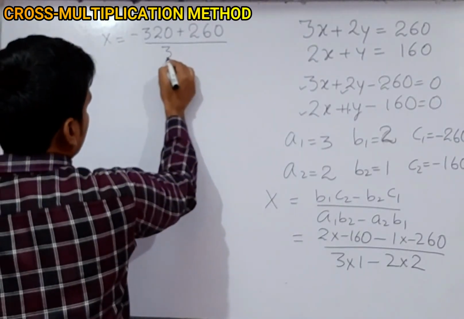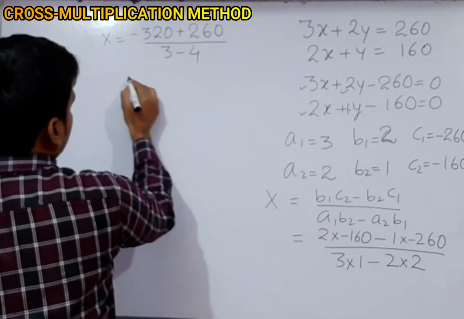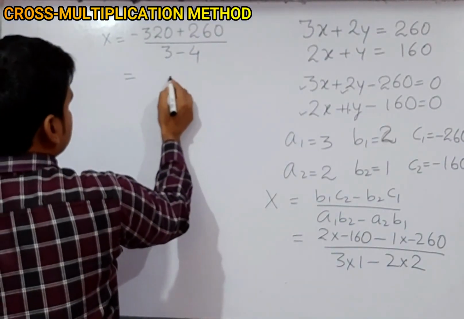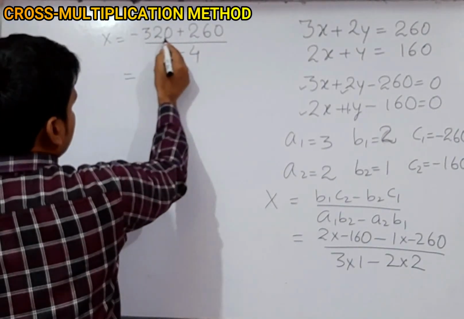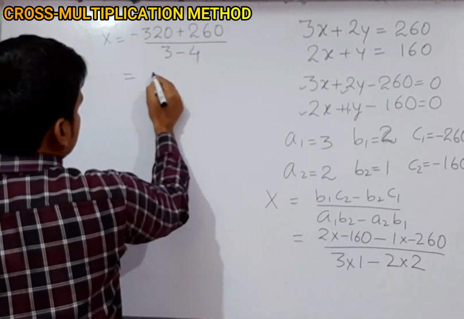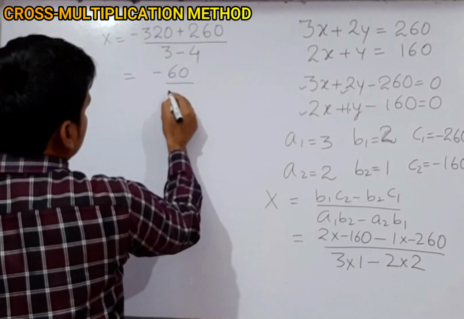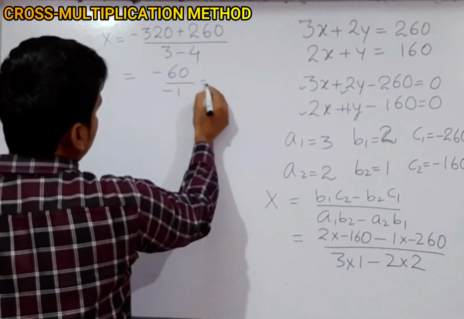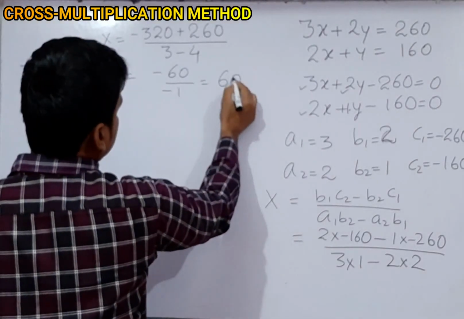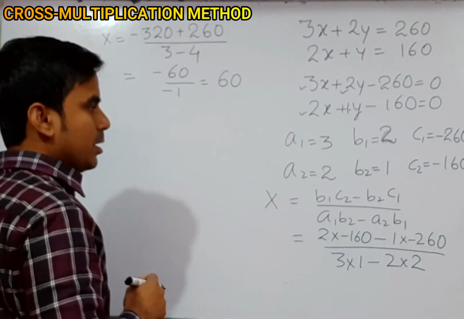So we can write minus 320 plus 260, that is equal to minus 60 divided by minus 1. So the value becomes minus 60 by minus 1. It can be written as 60. So the value of x is equal to 60.